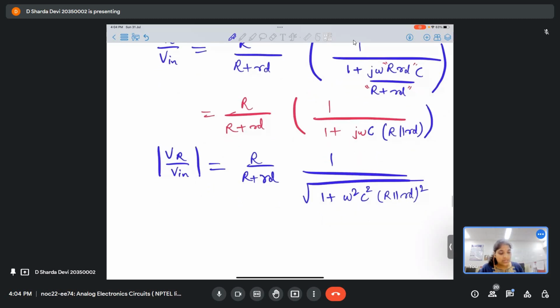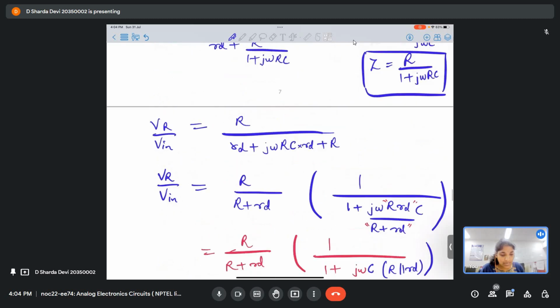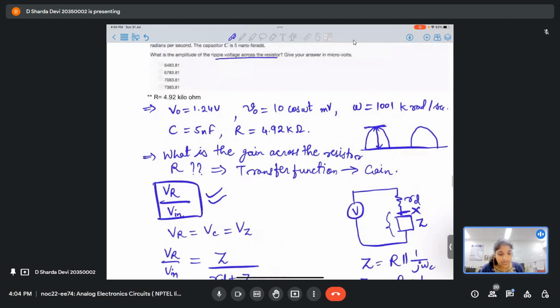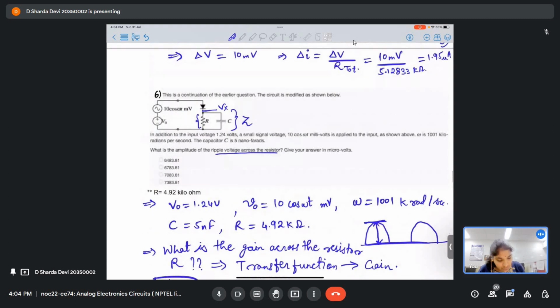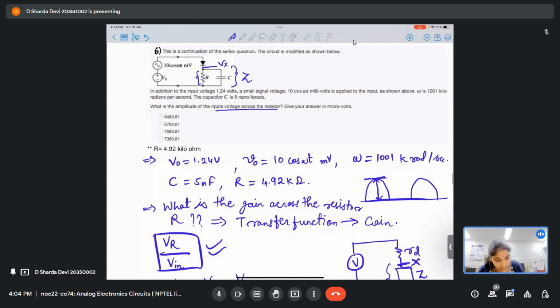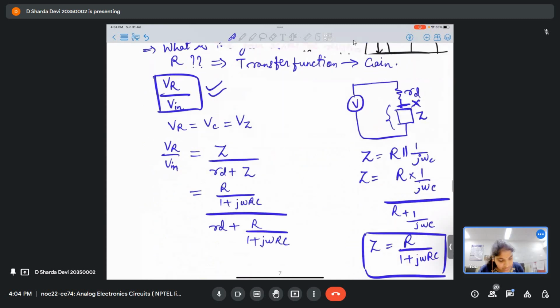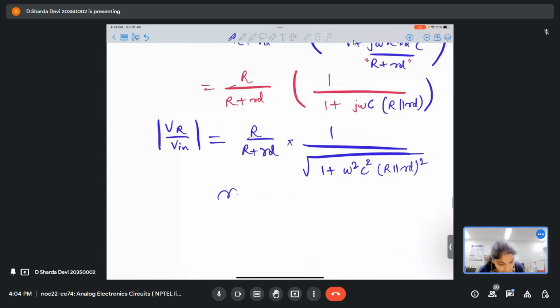Now you simply have to substitute all these values, and Rd you have to take from the above question. In the last question we saw the value of Rd was 208.33 ohms, right?